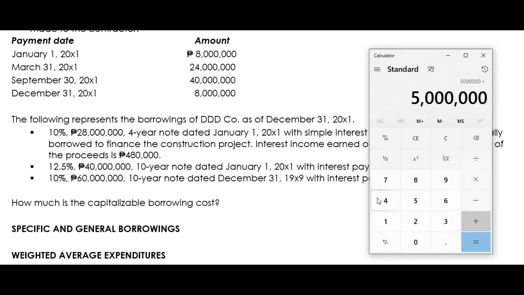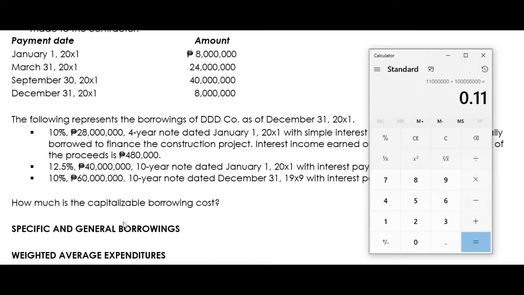So, that's 5 million plus 10% ng 60 million, automatically 6 million na yan. Huwag ka na mag-calculate, kaya mo na yan. So, that's 11 million. I-divide natin siya dun sa total principal which is 100 million, kasi 40 plus 60 is 100. So, that's going to be 11%. So, ibig sabihin, ang capitalization rate natin sa general borrowings will be 11%.